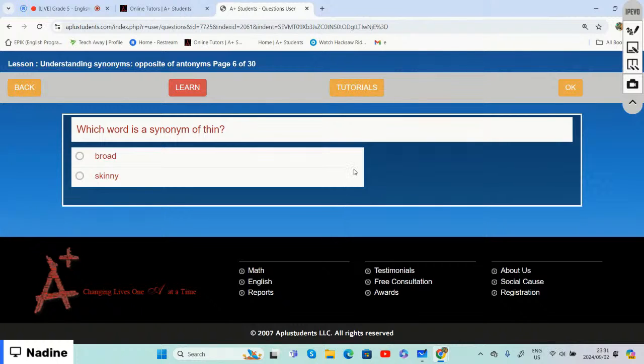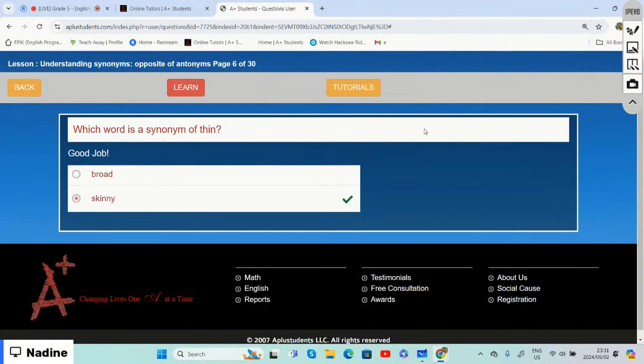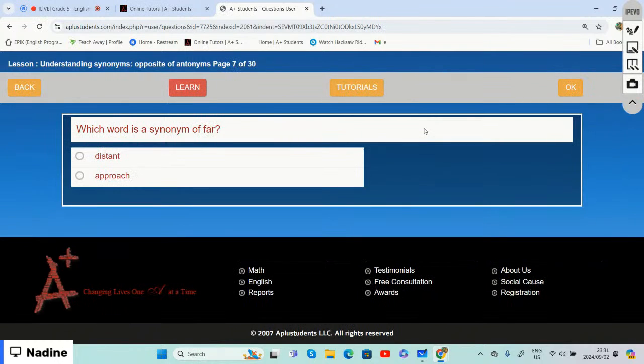And if we were to find words that are almost the same as thin, then we would say it is skinny, because skinny is very slender, it's thin, right? So skinny is correct.